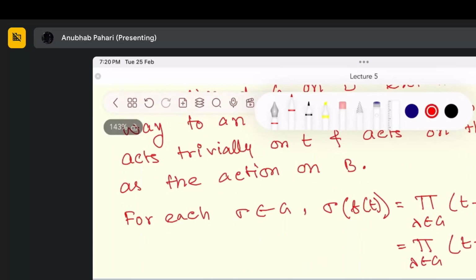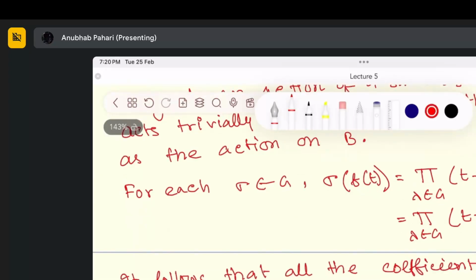So B is integral over B^G. So B^G is a sub-algebra of B.